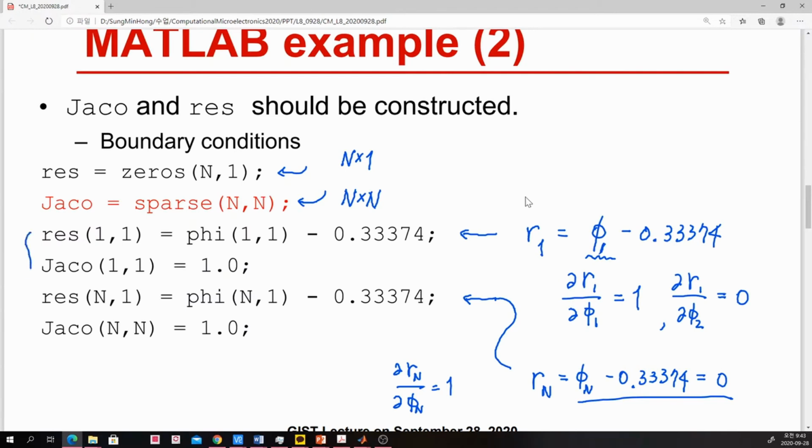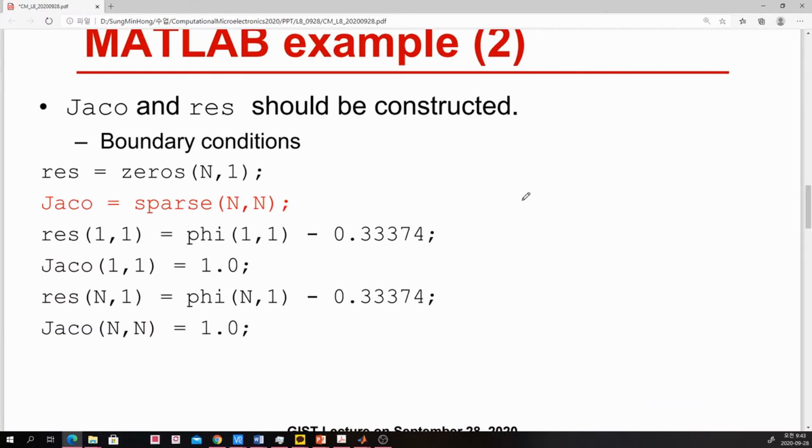So this is enough for our boundary conditions. This is just the boundary conditions, so we just touched R1 and Rn.